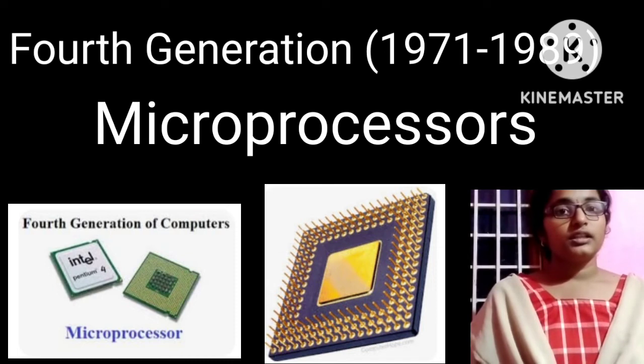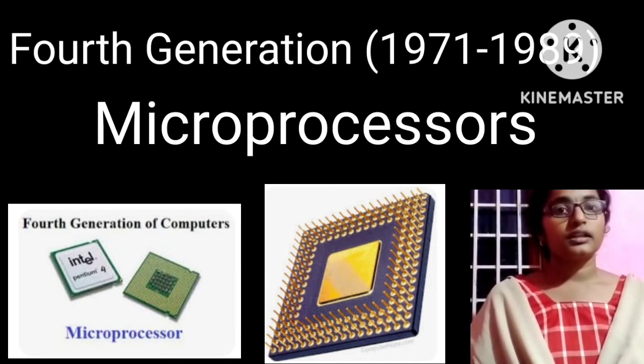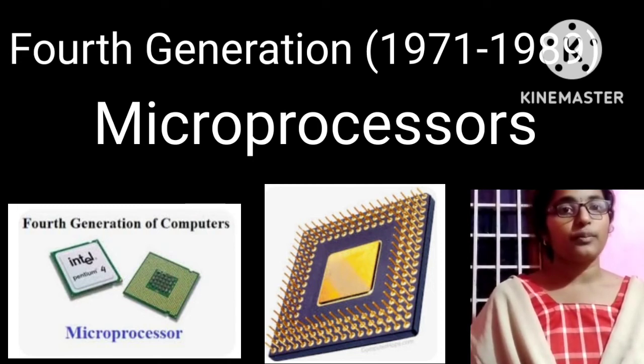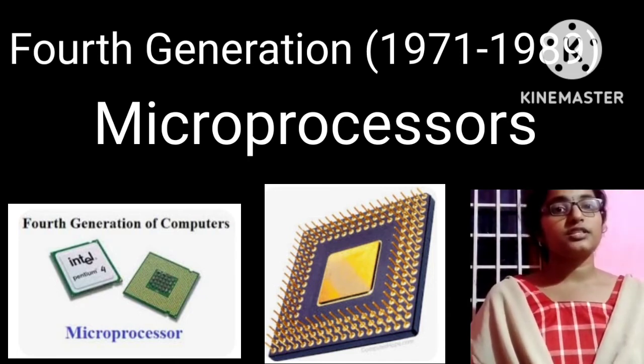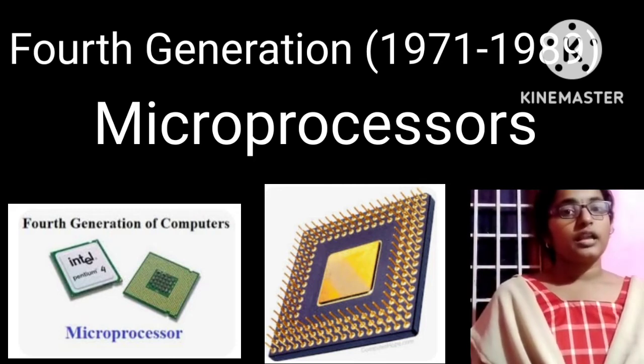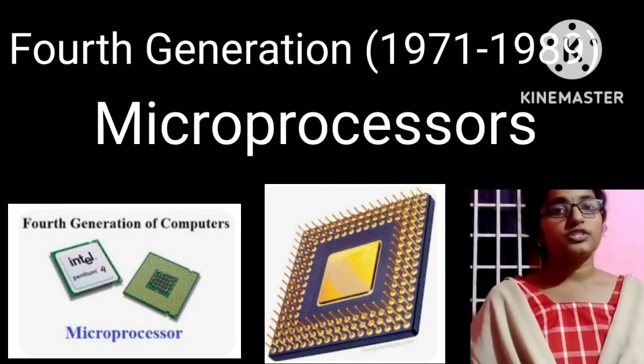It consisted of all the components of the computer, like CPU, memory, I/O controls, etc., on a single chip. Semiconductors are used as memory. HDDs are very large in size, cheaper, smaller.